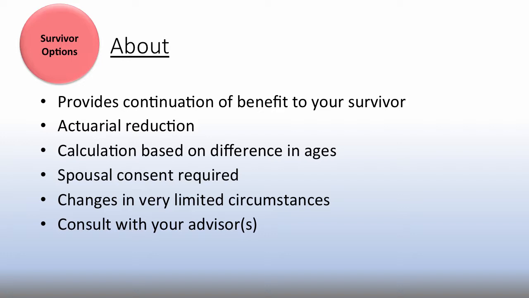Or if you were to return back to active employment, your benefit stops, you're in service for 2 years, and then you re-retire. That's an entire new retirement process. You could name a new survivor at that point, and the old one's nullified. So, like I said, few unique kind of circumstances where this can happen.